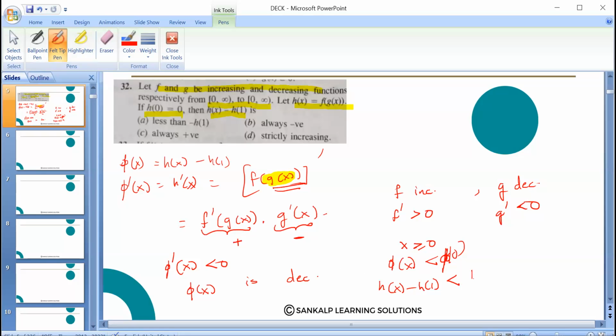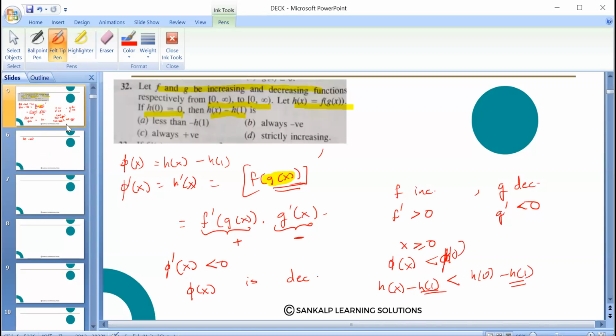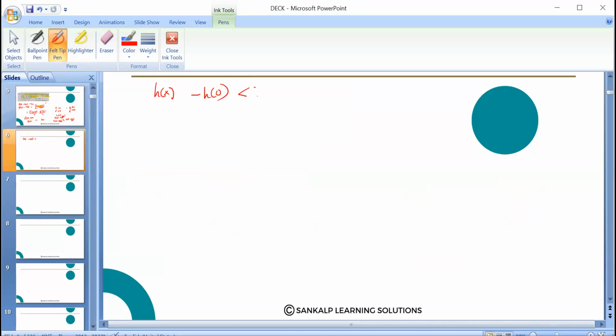What is phi of 0? H of 0 minus h of 1. Removing minus h of 1 on both the sides, we have h of x minus h of 0 lesser than 0. Or we can write it in a different way also.